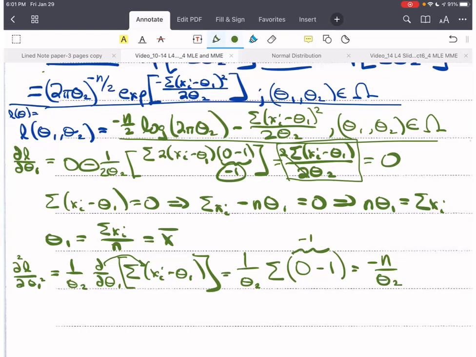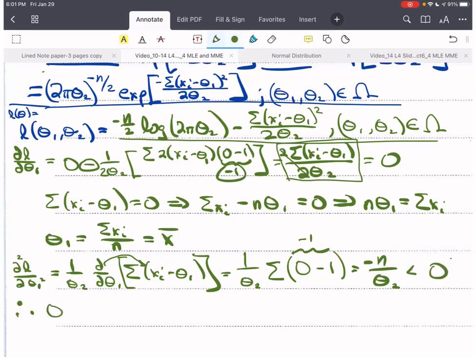Theta 2 is greater than 0, so this is always positive, and n is greater than 0, or you don't have a sample. So negative divided by positive is always negative. I'm doing that just to show you what I'm saying, but this negative n over theta 2 is always going to be less than 0.